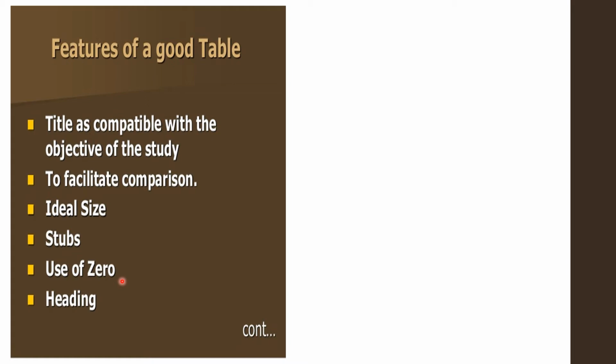We are not going to use zero in that situation. The next feature is heading. Heading should generally be written in the singular form. For example, if we are making a column indicating goods, we will just write the word good, G-O-O-D, not G-O-O-D-S.